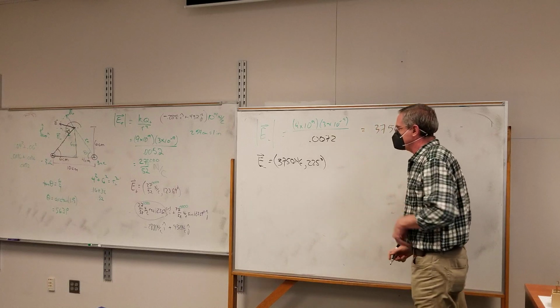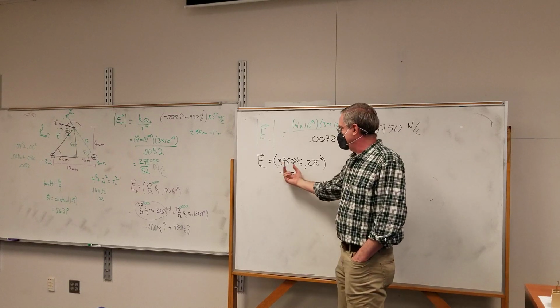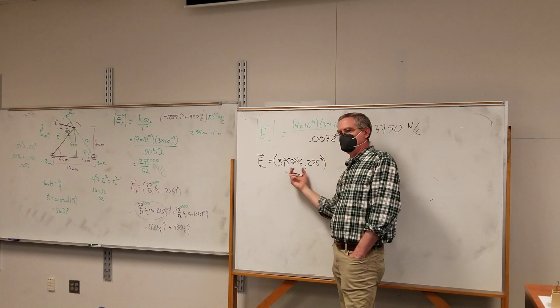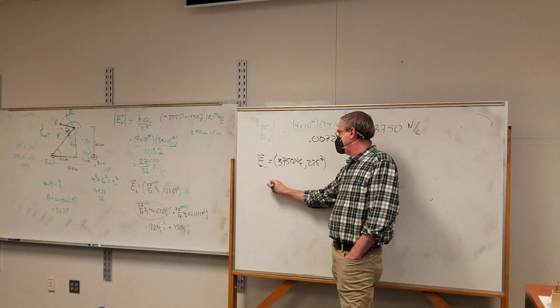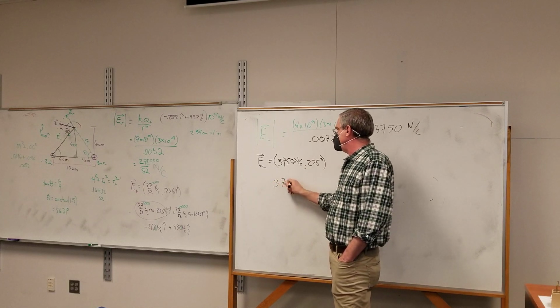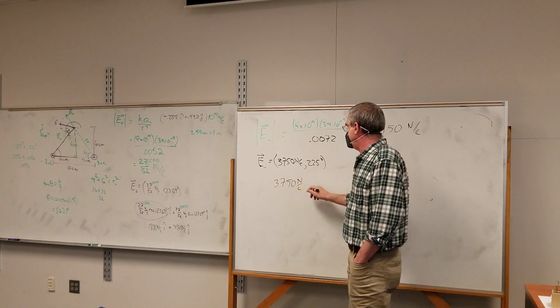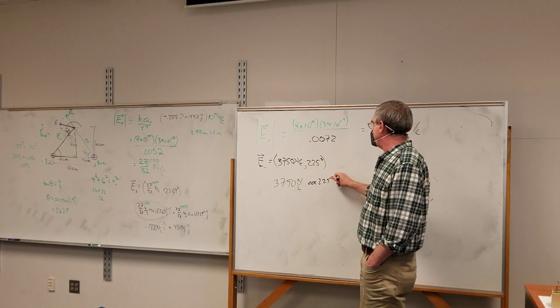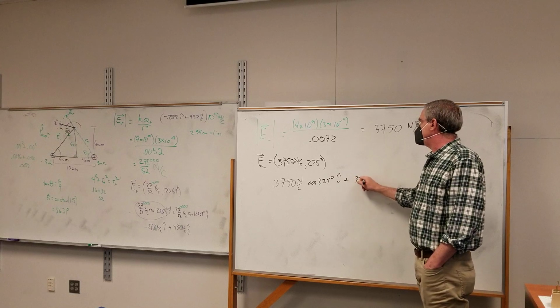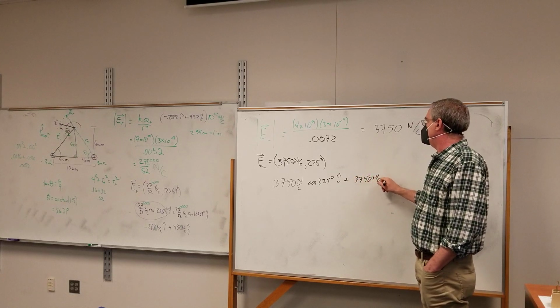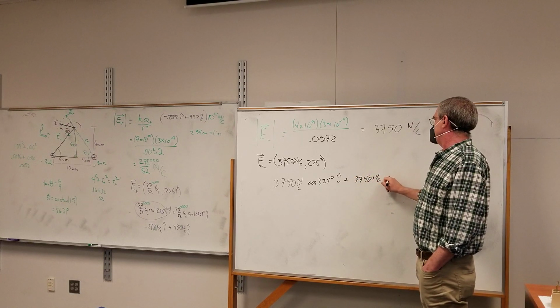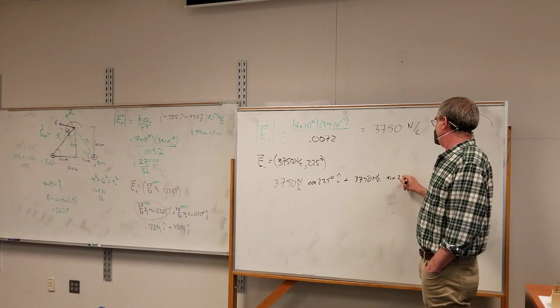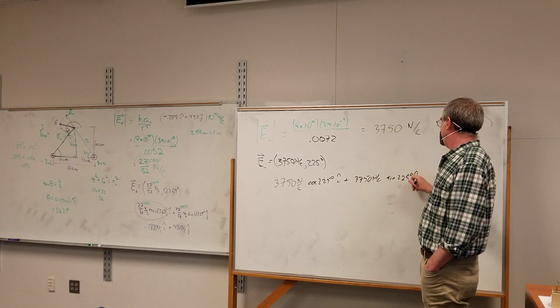We can put it into rectangular form just by this times the cosine i hat, this times the sine of that j hat. So 3,750 newtons per coulomb times the cosine of 225 degrees i hat plus 3,750 newtons per coulomb times the sine of 225 degrees j hat.